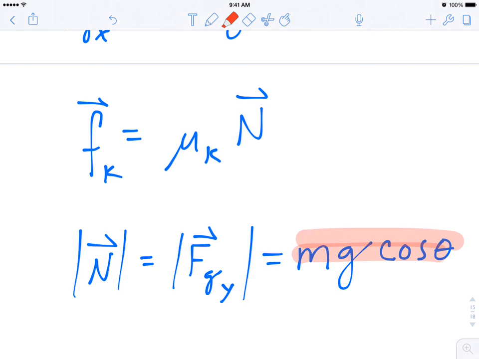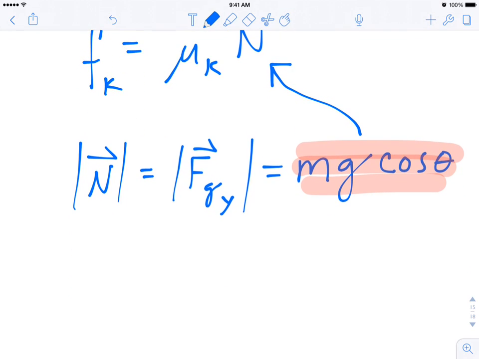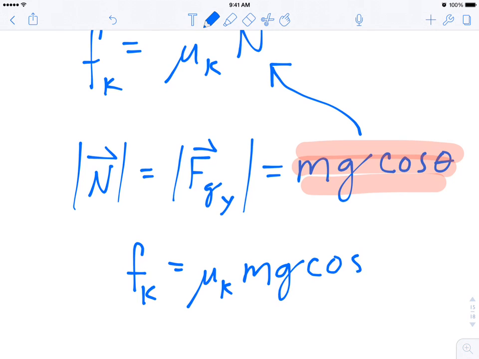I'm going to substitute it in for my normal force, and that will give me a kinetic friction force equal to mu k times m times g times cosine theta.